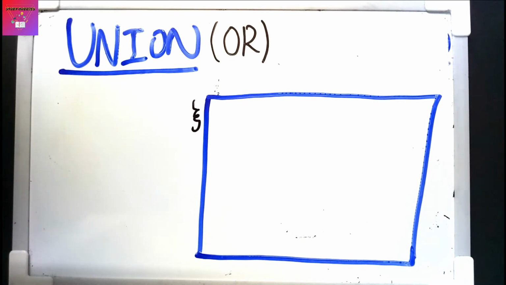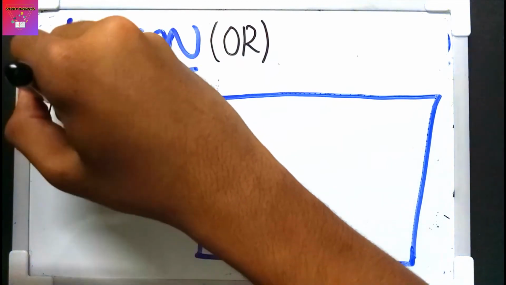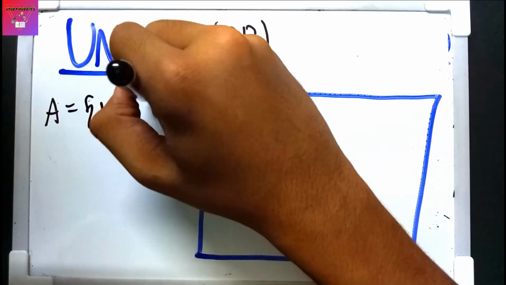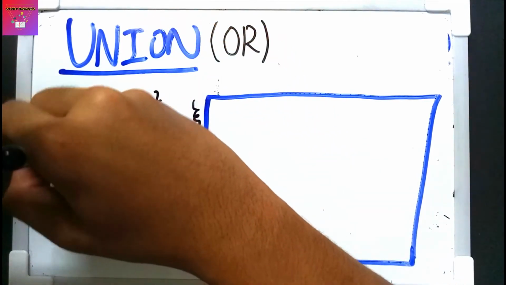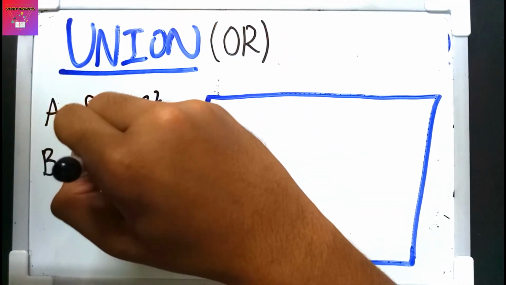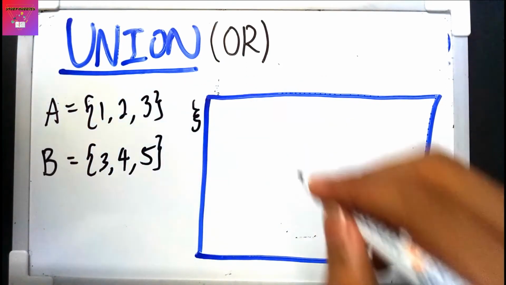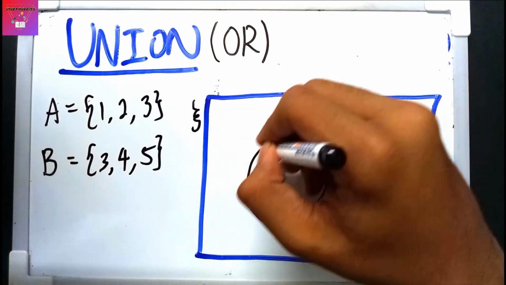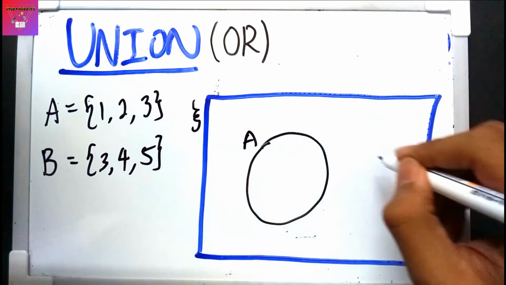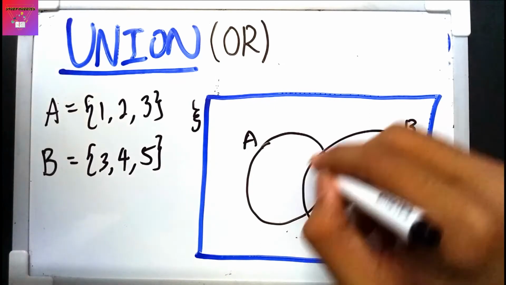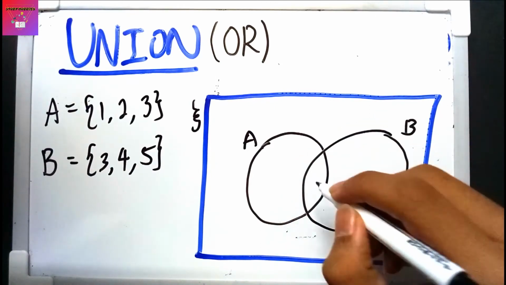So now let's move to literally the last part of this main chapter, which is union. When you see this word union, the most important thing you have to remember is OR. Let's say I list down the elements of set A as 1, 2, and 3, and the elements of set B as 3, 4, and 5. So I'll also draw it down here, set A and set B. You may wonder, why is there a special meetup point over here?